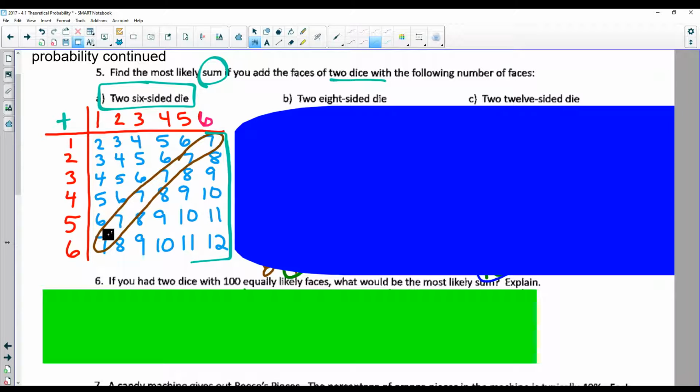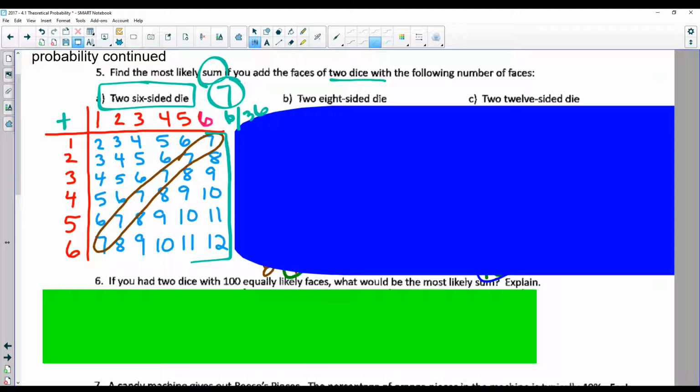Anything that we have across this middle diagonal is the most common result. So 7, 7, 7, 7, 7, 7. 1, 2, 3, 4, 5, 6. This answer is a 7. Okay, that's the most likely. And the probability of getting a 7 would be 6 out of 36 choices.